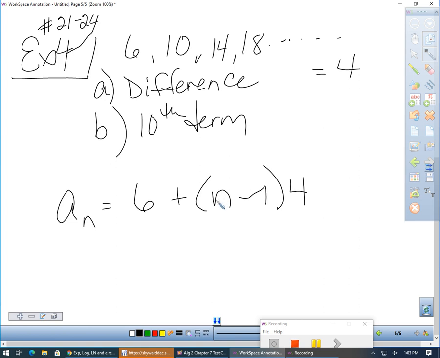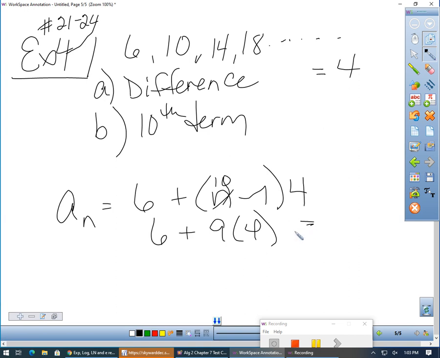I'm looking for the 10th term, so I put 10 in for n. So I have 6 plus 9 times 4, or 6 plus 36, which is 42.